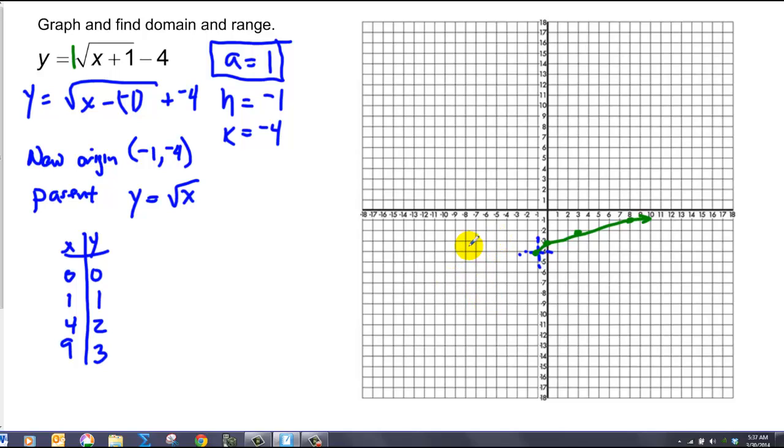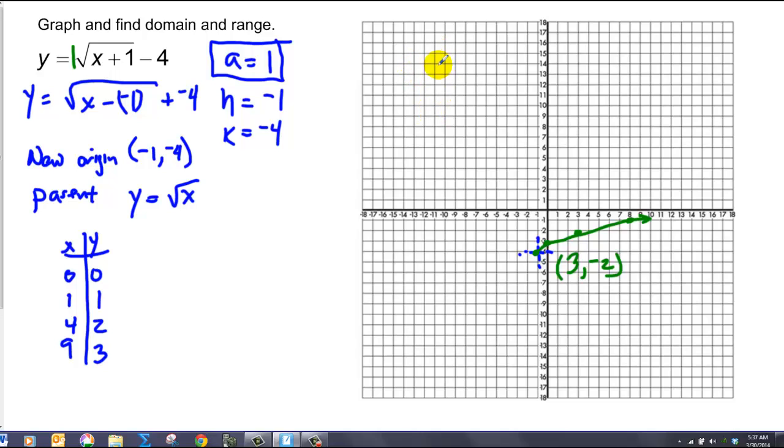And what I always want to do is go back and make sure I check a point. I know here I have a point of 3 and negative 2, which I never used in plugging into this function, but I can do that now to make sure this point checks.